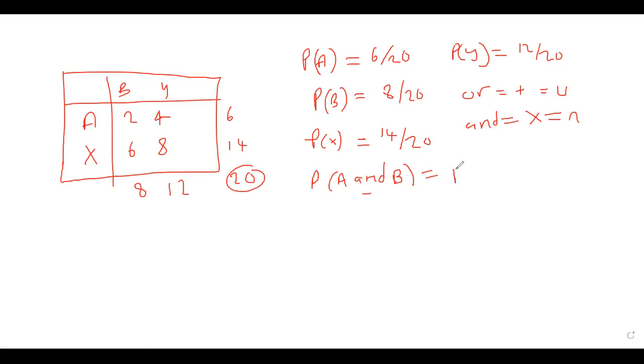Excellent. So what is A intersection B? Where they meet, A and B is at 2 over the grand total, which is 20.